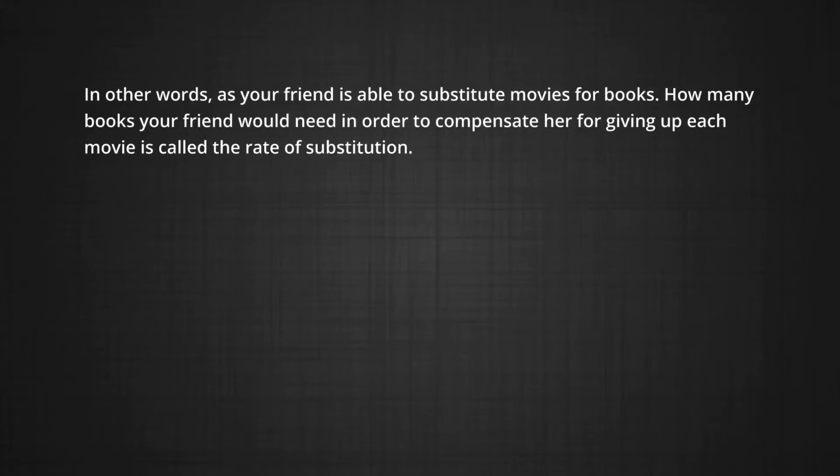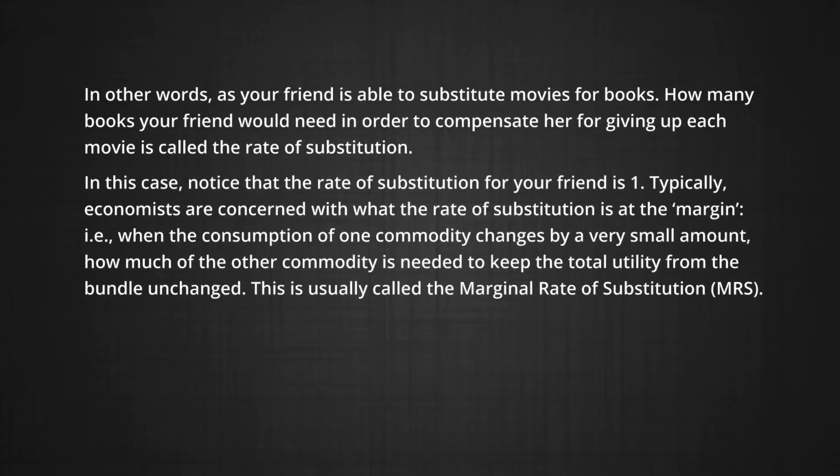How many books your friend would need in order to compensate her for giving up each movie is called the rate of substitution. In this case, the rate of substitution, notice, is 1 for your friend. Your friend is giving up 1 movie for 1 book.